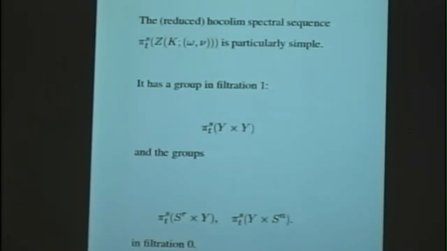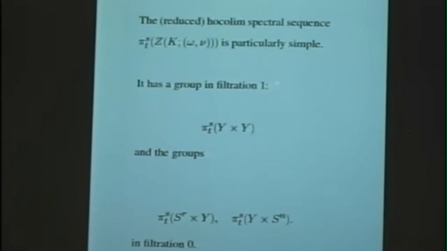I want to look at that particular functor. I forgot to say, everything I did before can be applied in a generalized cohomology theory. In this case, a homology theory. I'm using stable homotopy for this example. So there's one group in filtration 1, and we have the two groups in filtration 0.